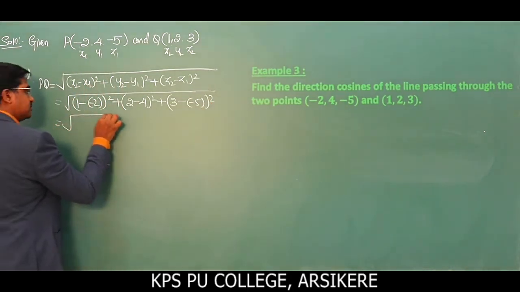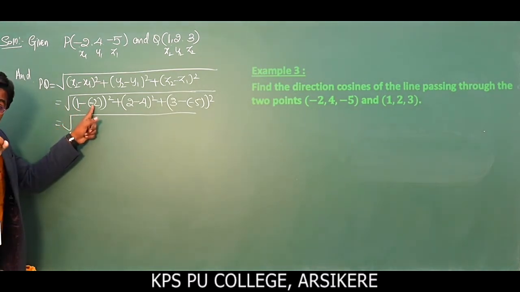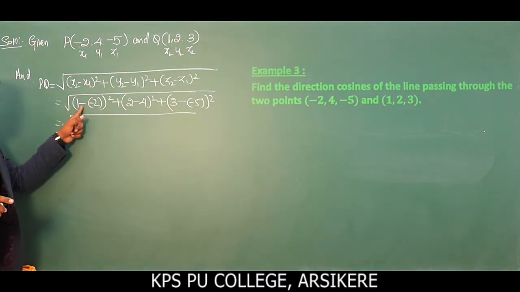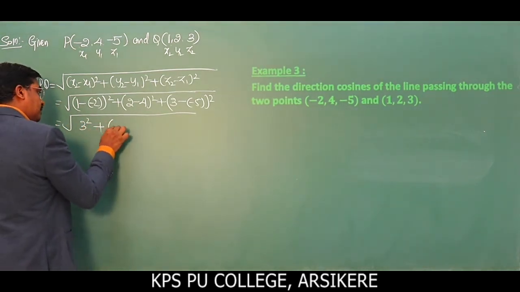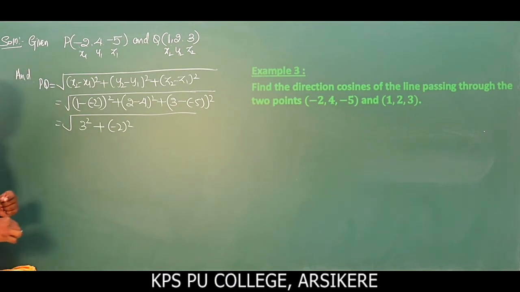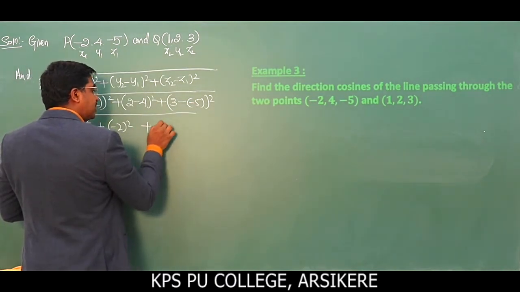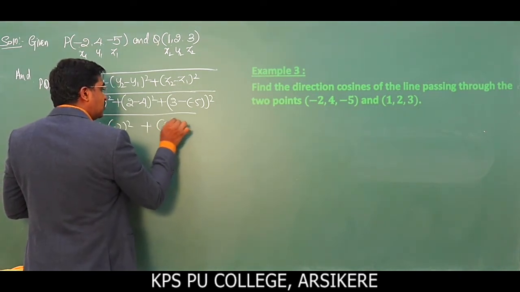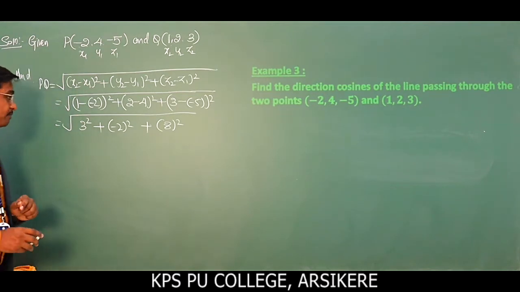So this becomes, just observe here, minus into minus becomes plus, 2 plus 1 becomes 3, so 3 square plus -2 whole square, because 2 minus 4 is -2, plus 3 minus of -5 becomes 8 whole square. Minus into minus becomes plus, 3 plus 5 is 8.